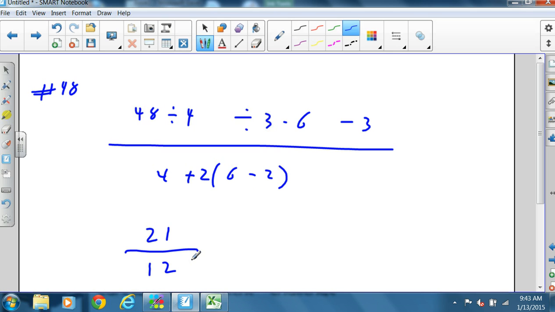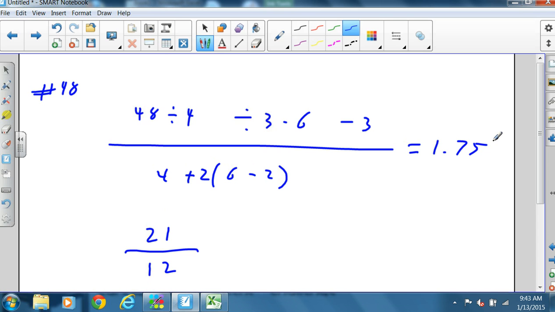So I'll just put it in my calculator. 48 divided by 4 divided by 3 times 6 minus 3, I hit enter and I get 21 on top, and I'm going to divide by, put a parentheses down, 4 plus 2 times parentheses 6 minus 2, close parentheses, and I get 1.75.